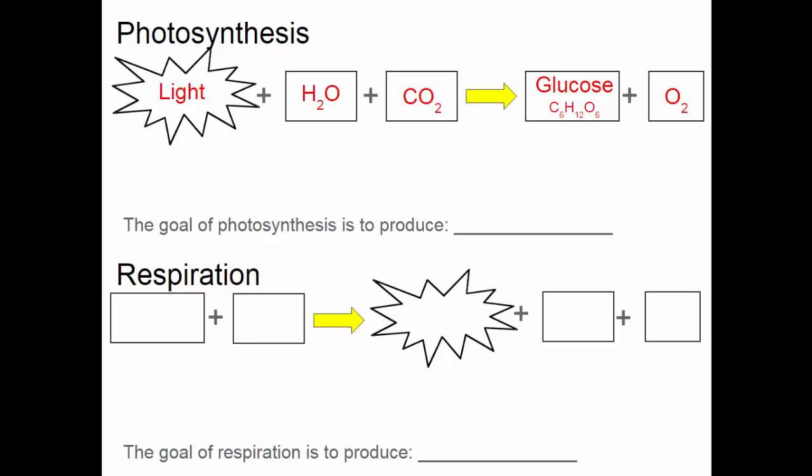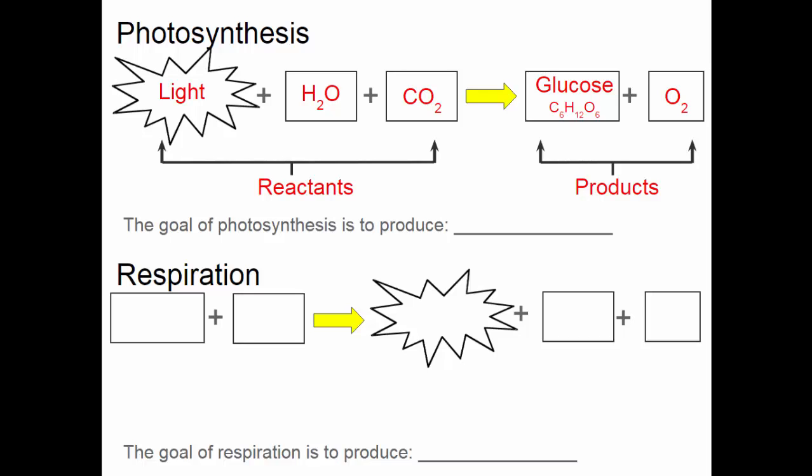Are we going to have to write what glucose is? Yeah, you might. The things on the left side of the arrow, we call the reactants, the things that are reacting. And the things on the right, we call the products.